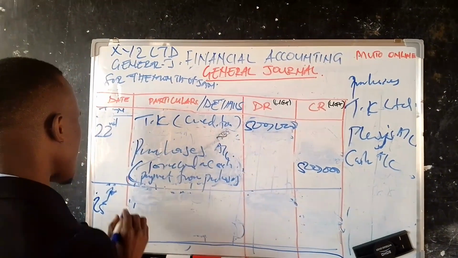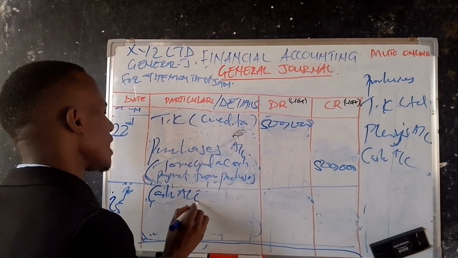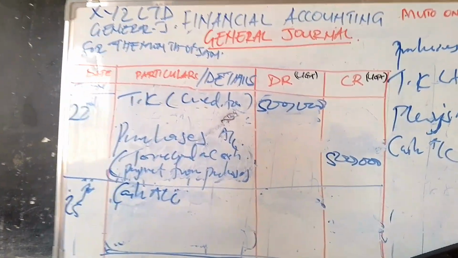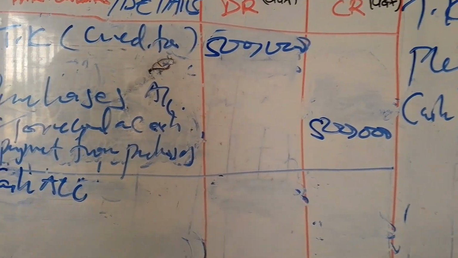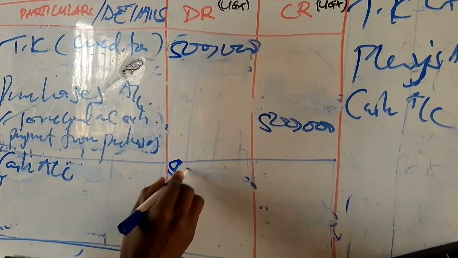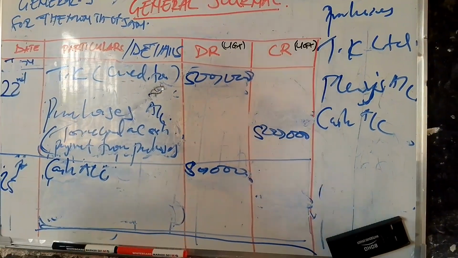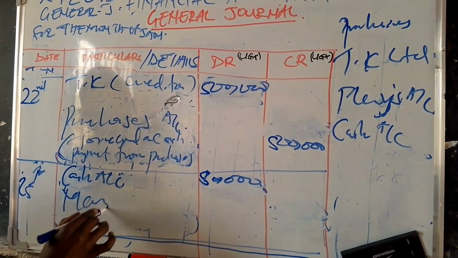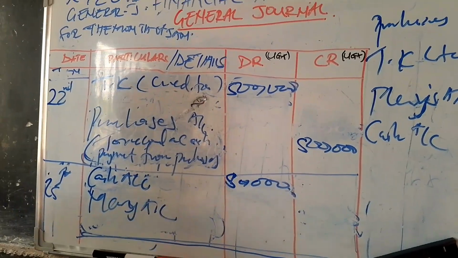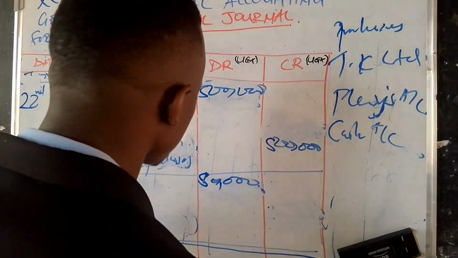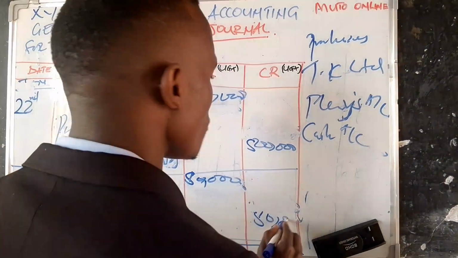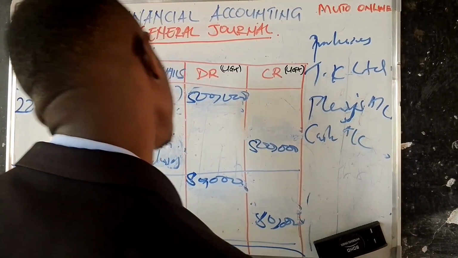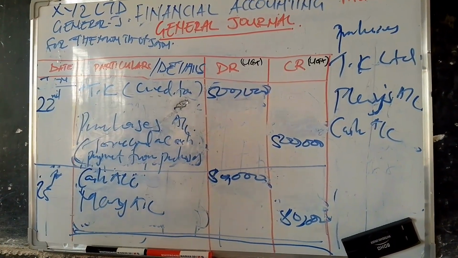So the cash account is going to be debited by 80,000, and Mary's account, remember, Mary is the one paying off. It means that Mary is the one losing. So you are having 80,000 to balance.